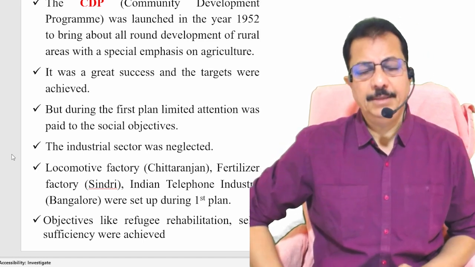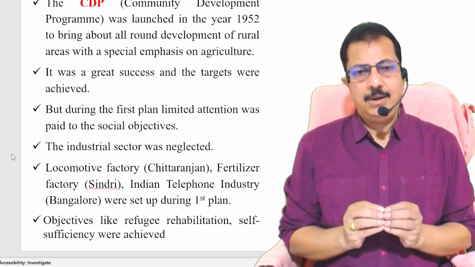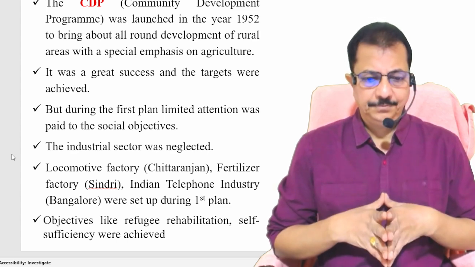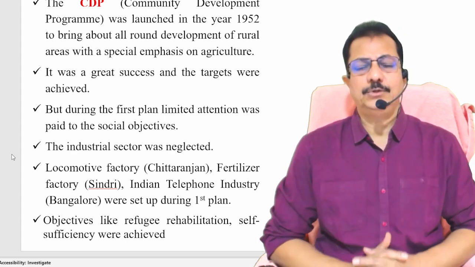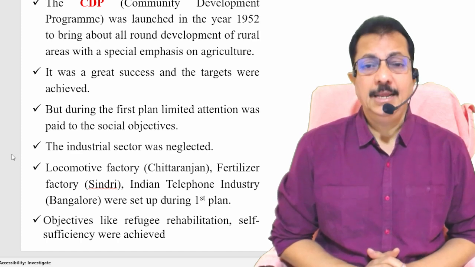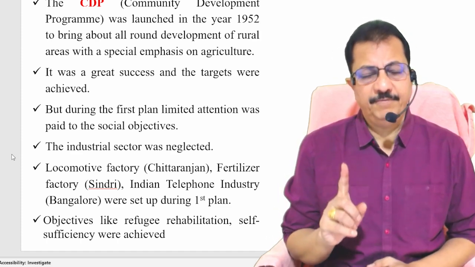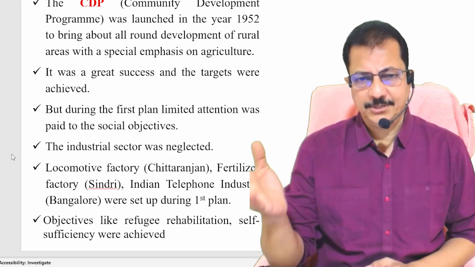So what exactly is this CDP? When it comes to CDP, the government wanted to go for the development of the villages. Mahatma Gandhi always used to say that India lives in villages. Unless you develop the villages, the country will not be developed.